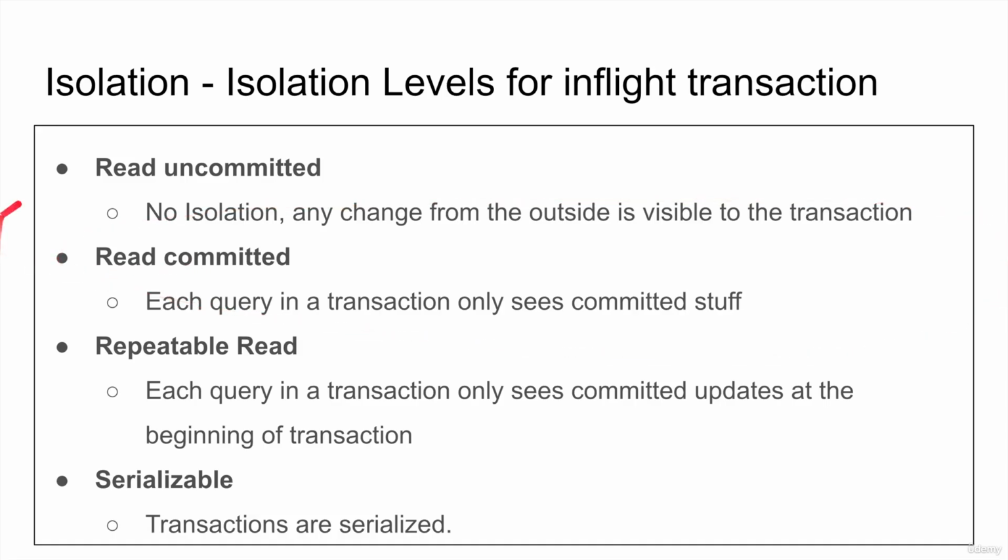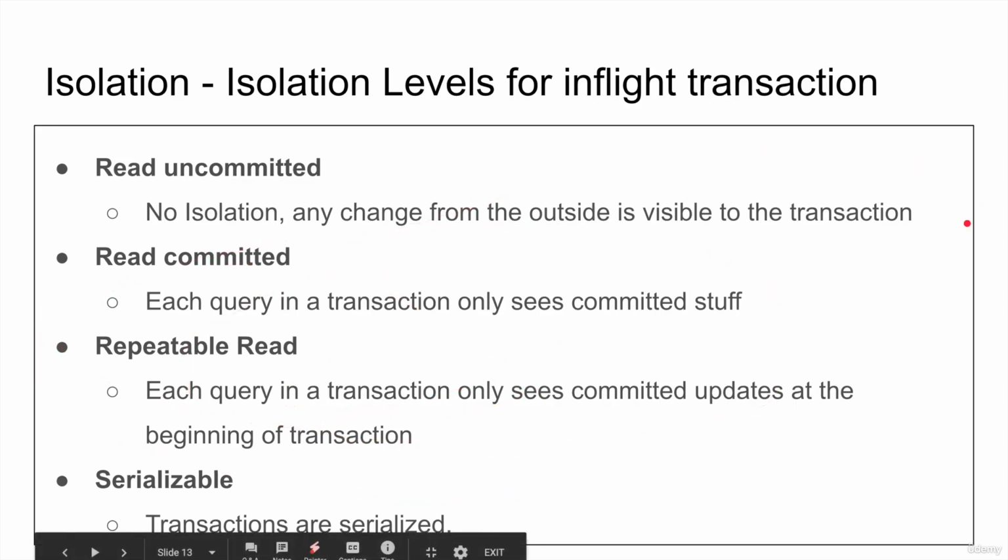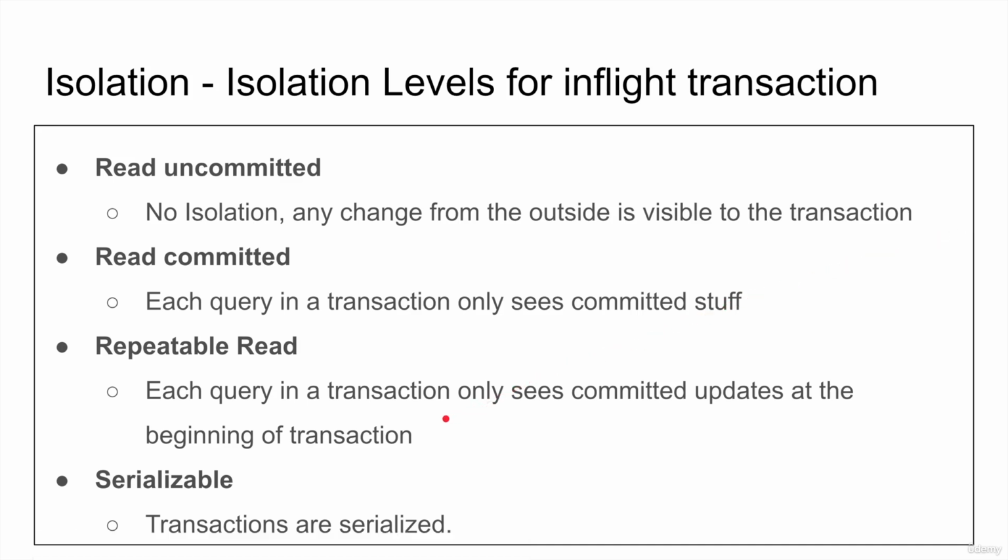Obviously this does not work on our example that we showed, because even though it was committed, the sales report came out wrong, right? But there are certain cases where read committed is enough for you. Okay, repeatable read: each query in the transaction only sees committed updates as of the beginning of the transaction.